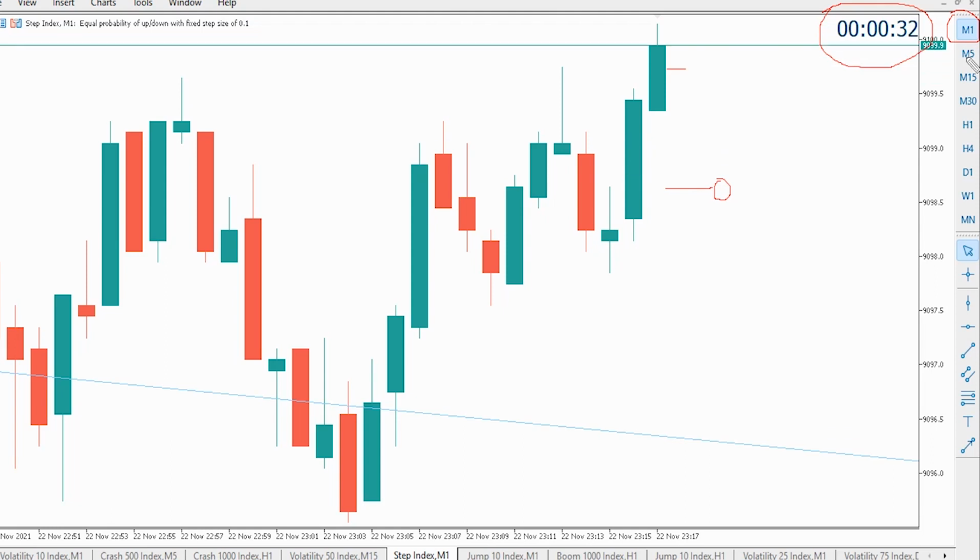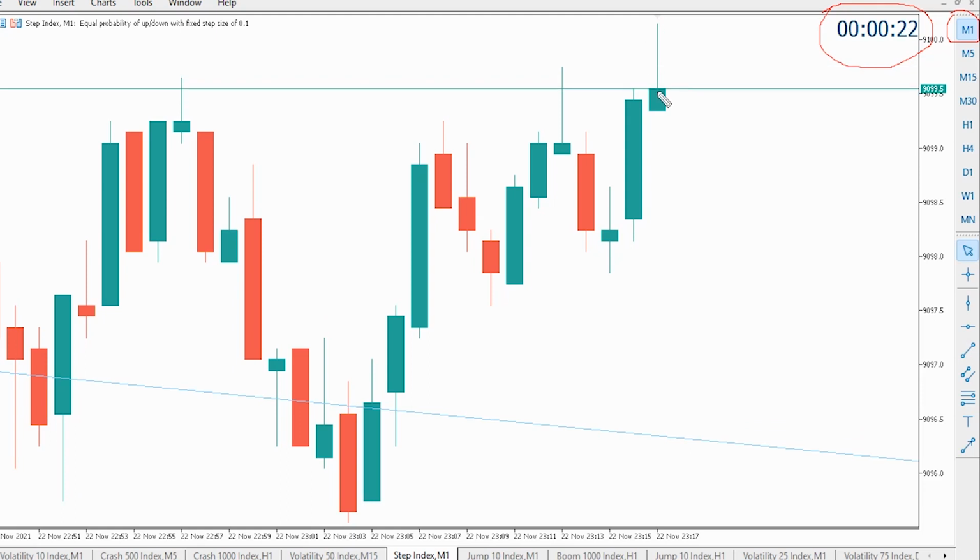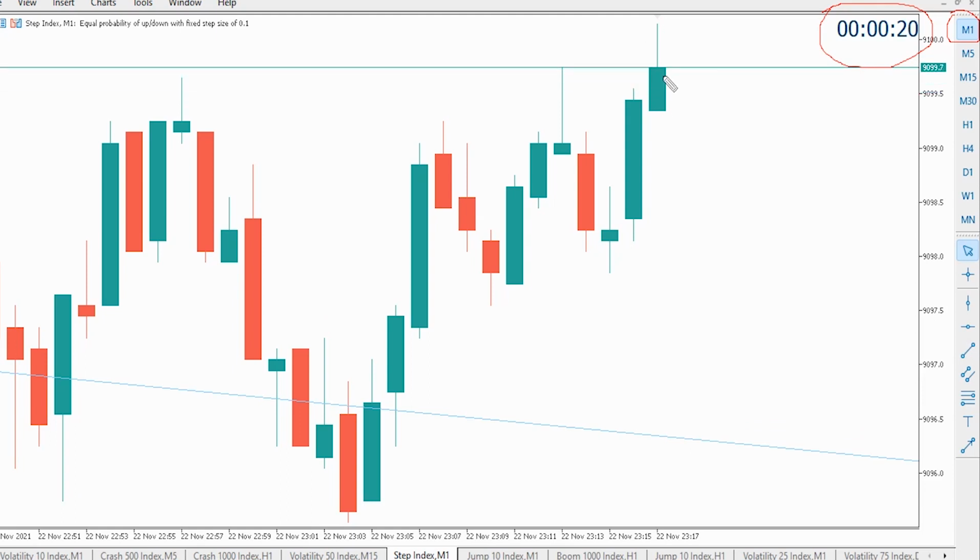From then we move to the next aspect I want to talk about today, and that is the body of a candlestick, open and close, and the wick.